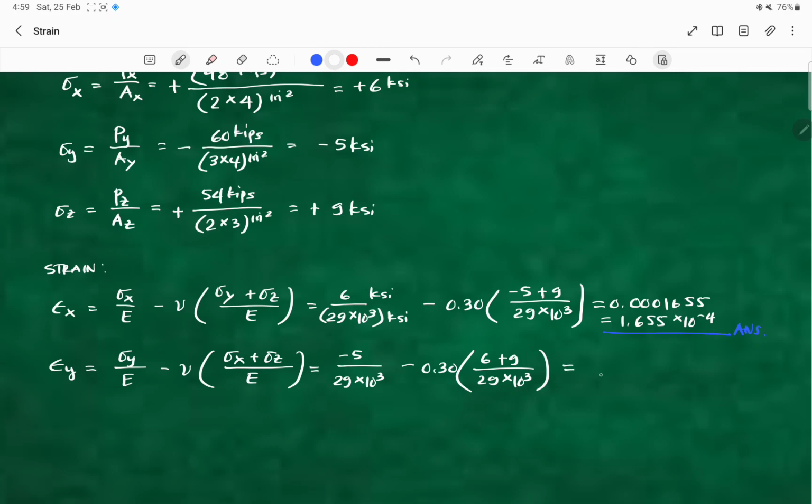So yung sagot dito is negative 0.0003276, or this is negative 3.276 times 10 to the power of negative 4. So ito na yung sagot.